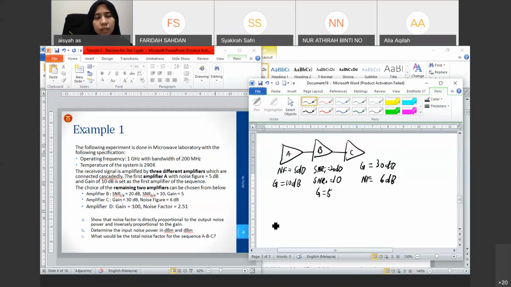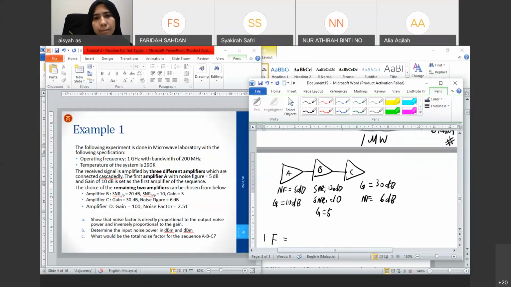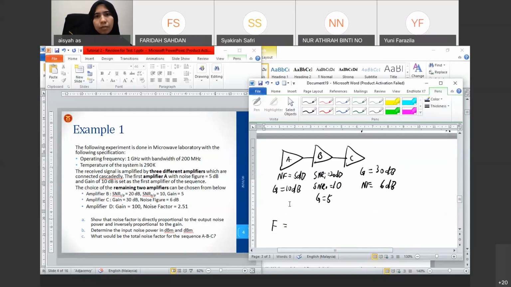Okay, for the total noise factor, what is the formula? F1 plus F2 minus 1 over G1, plus F3 minus 1 over G1 G2.